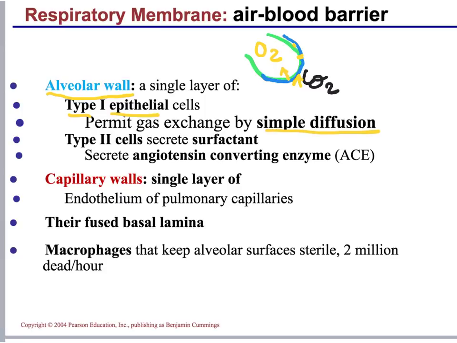So the gas exchange happens through the walls of the type 1. In between type 1s, we have another type of cells called type 2 cells. Type 2 cells produce a material called surfactant. Surfactant stands for surface acting agent, okay?